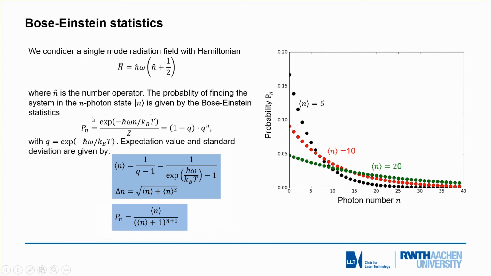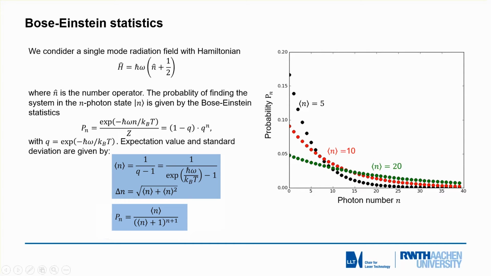You recognize here the classical Boltzmann distribution, e to the minus h bar omega n, n is the number of photons, divided by kBT, kB the Boltzmann constant. The whole thing is normalized to a state sum.